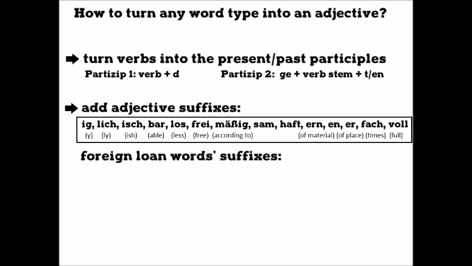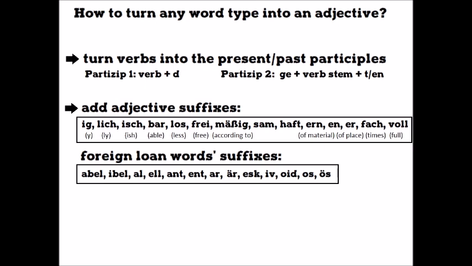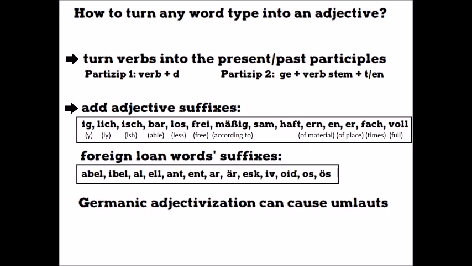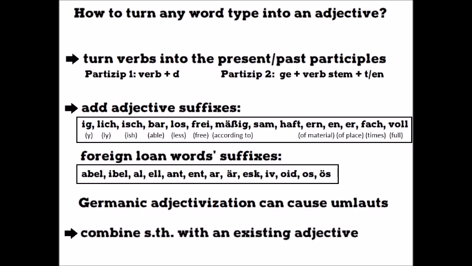Foreign words use foreign suffixes like abel, ibel, al, el, ant, ent, ar, esk, iv, oid, os, ös. Germanic words turned into adjectives can have the first vowel turned into an umlaut. And lastly, you can combine something with an already existing adjective.